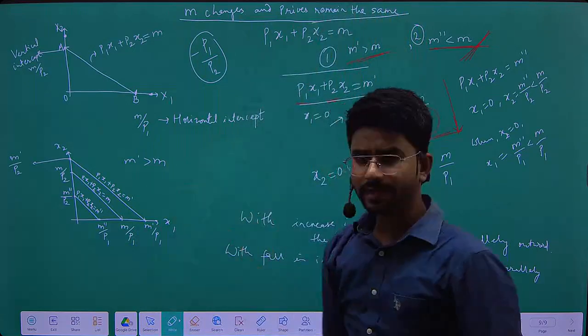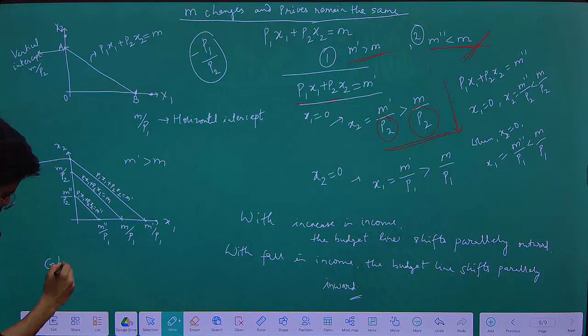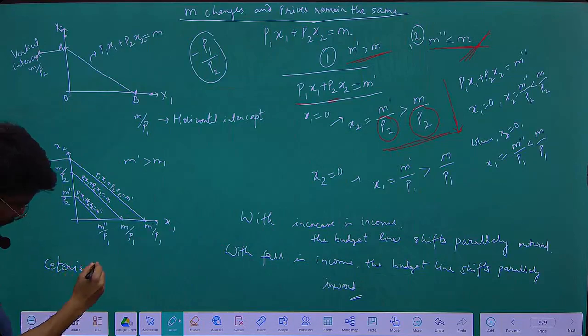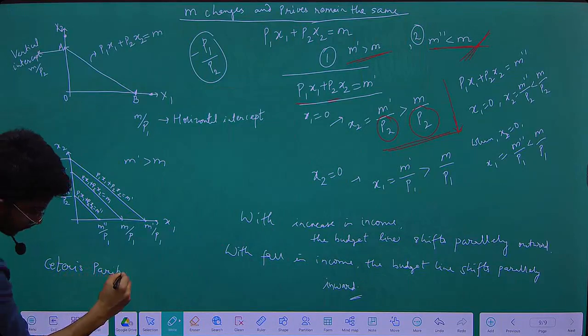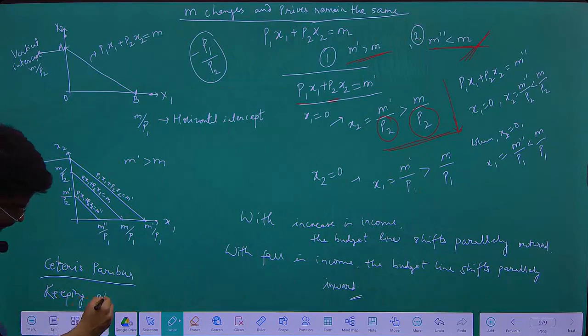So you might have heard a term called ceteris paribus. What does it mean? It means keeping all other things constant.